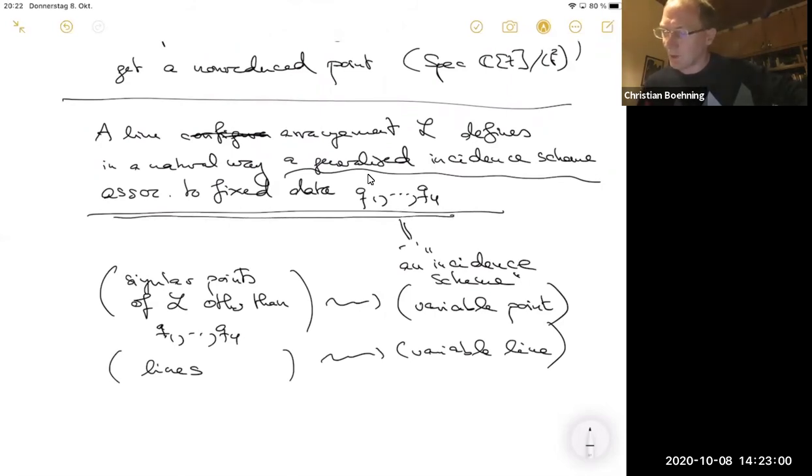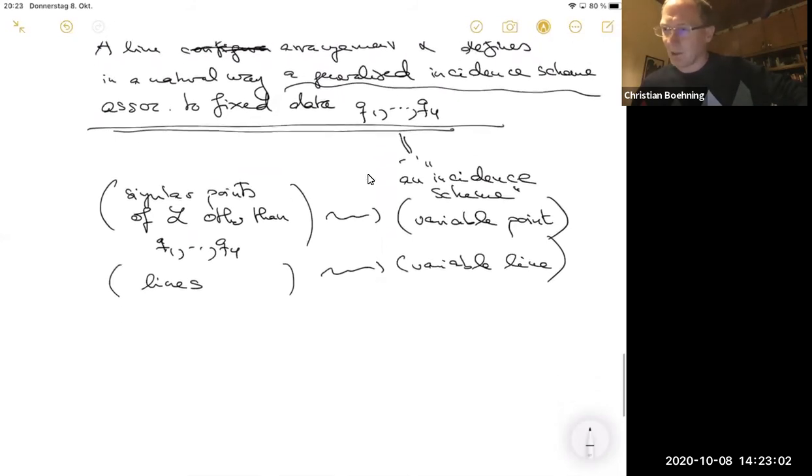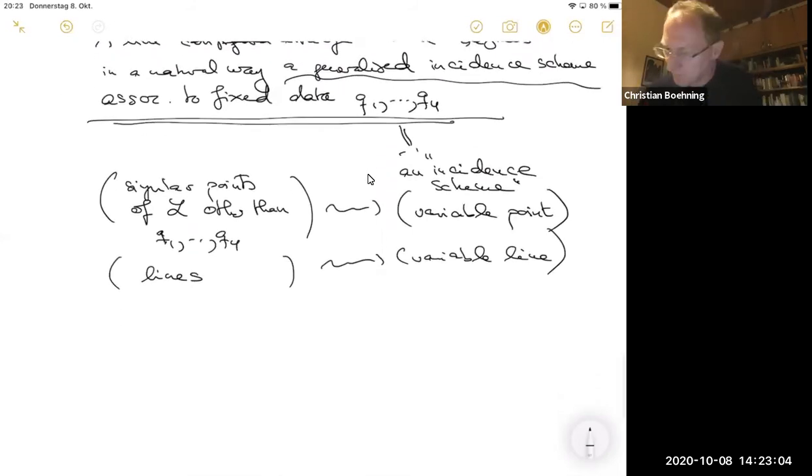And now I want to tell you, so I'll probably just sketch the proof, because the proof is, depending on the way you look at it, either trivial, but it's a bit lengthy, and you have to have even more notation to say what it is precisely.